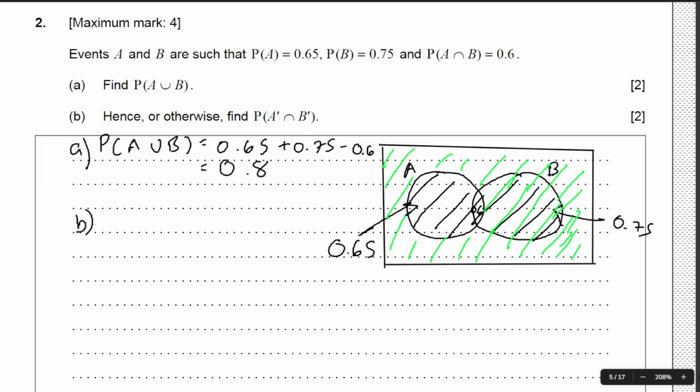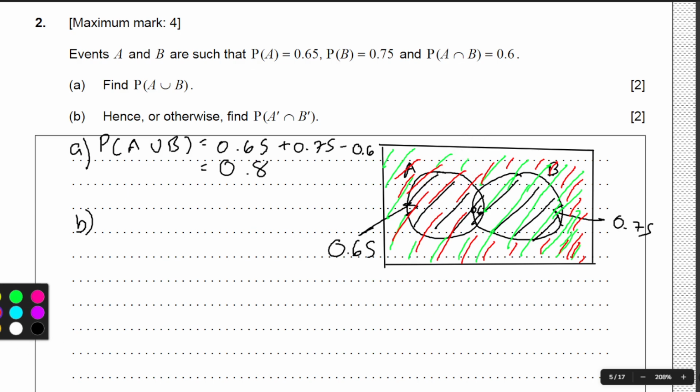Then not B would be all of this here. Now what we begin to realize is that the outside parts are what intersect between the red and green, which are not A and not B.